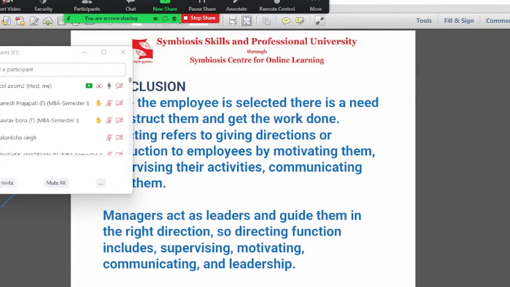Because the order will be flowing from top management to the last grassroots level employee, who usually happens to be a worker, related to manufacturing, or maybe somebody who is an interface between the customer, like a waiter in a hotel, or nurses in a hospital.